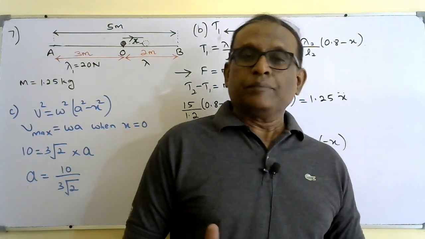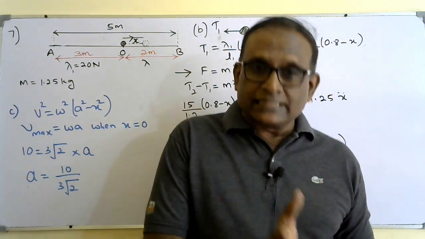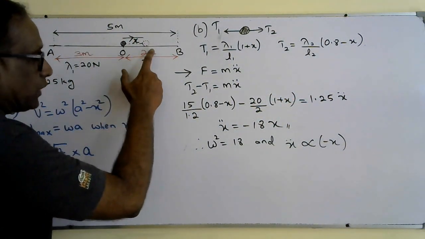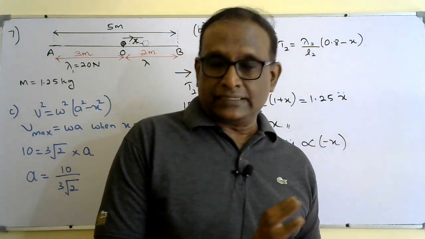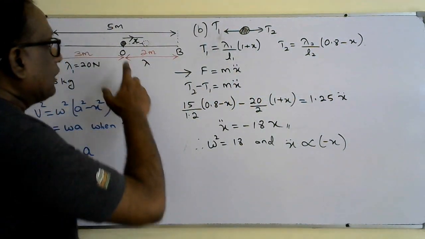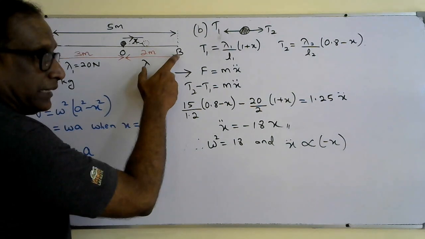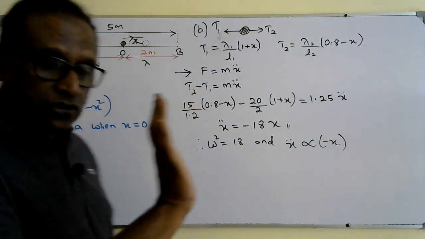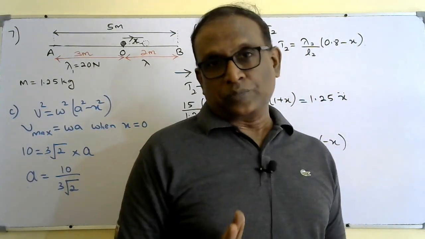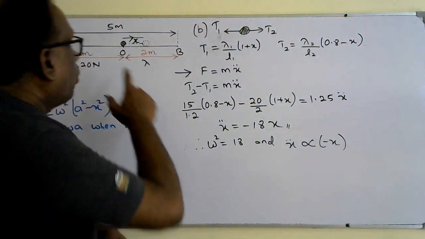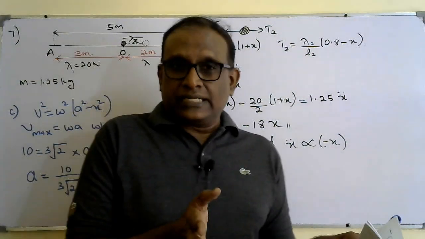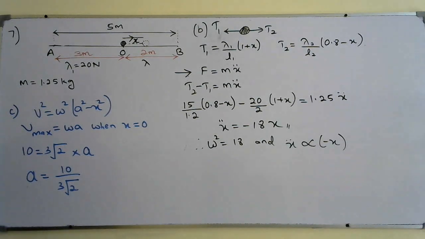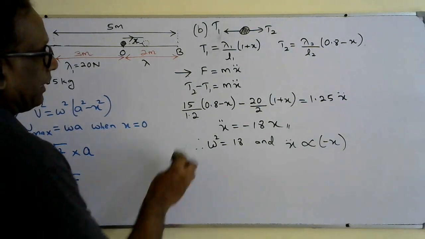So if the string is to slacken, the displacement of the particle must be 0.8 towards the right. Already at the equilibrium position the extension is 0.8 meters, so it should move to the right through a displacement of 0.8. Then the string OB will reach its natural length and won't have any extension. So they're asking to find the speed when the string slackens.